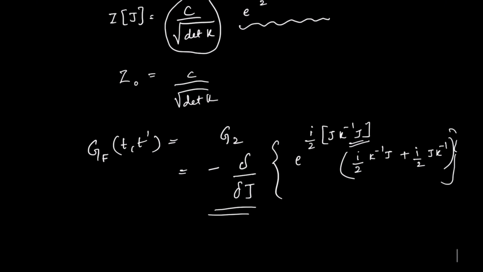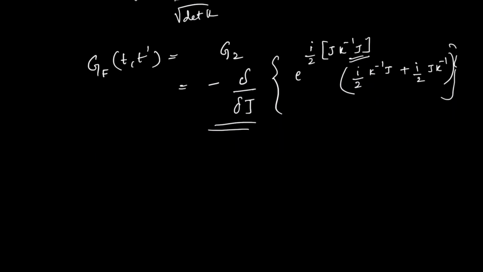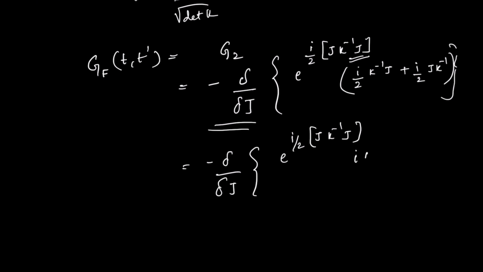So this is the first derivative. Now one more derivative is remaining. So here this is equal to minus derivative with respect to J of e raised to I by 2 J K inverse J. Now I by 2 plus I by 2 will be I K inverse J.